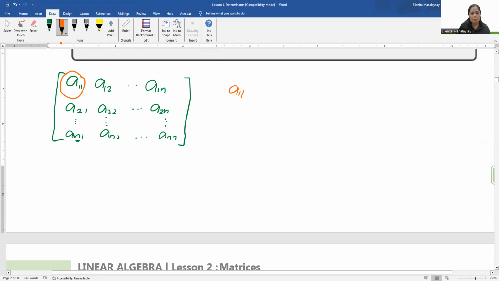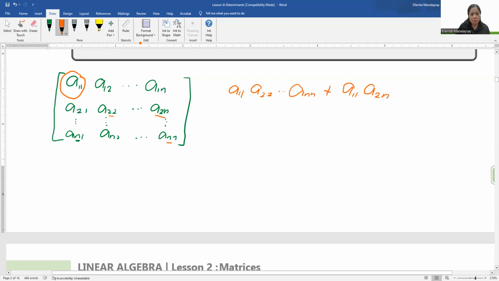So we have A11, then A22, until we get Ann. Plus, it is also possible that we start with A11, but instead of A22, we take A2n.